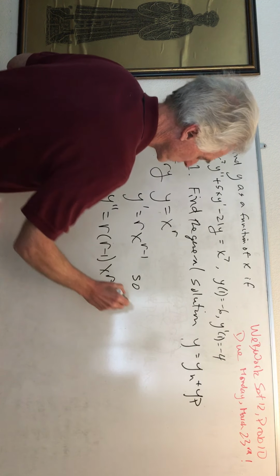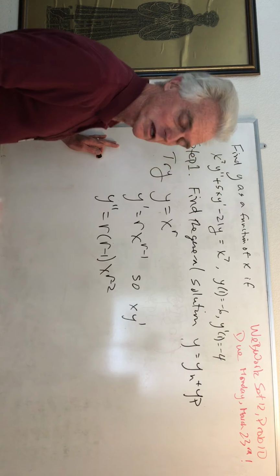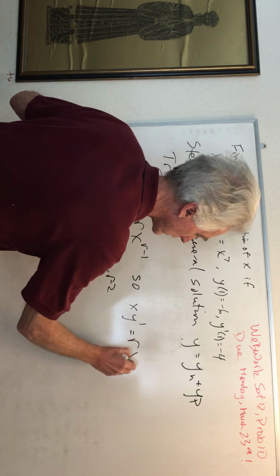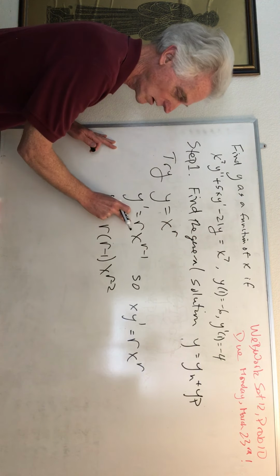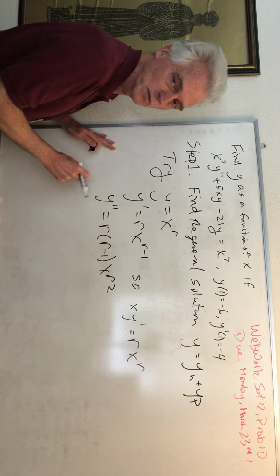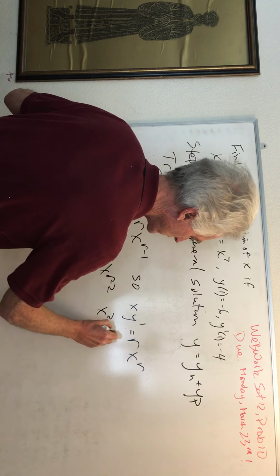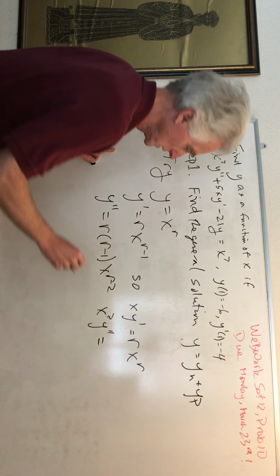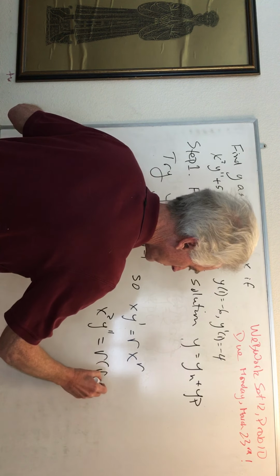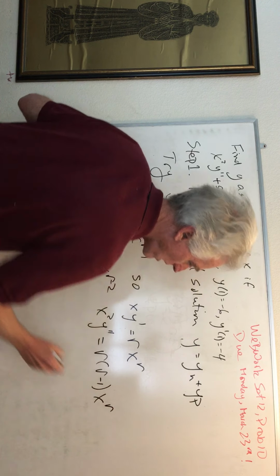So if I do x times y prime, we get r times x to the r, because x times x to the r minus 1 is just x to the r, and x squared y double prime is r times r minus 1, x to the r again.